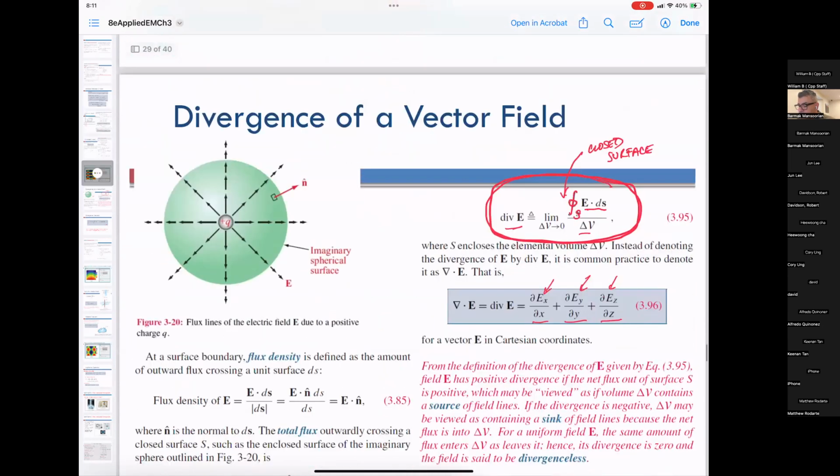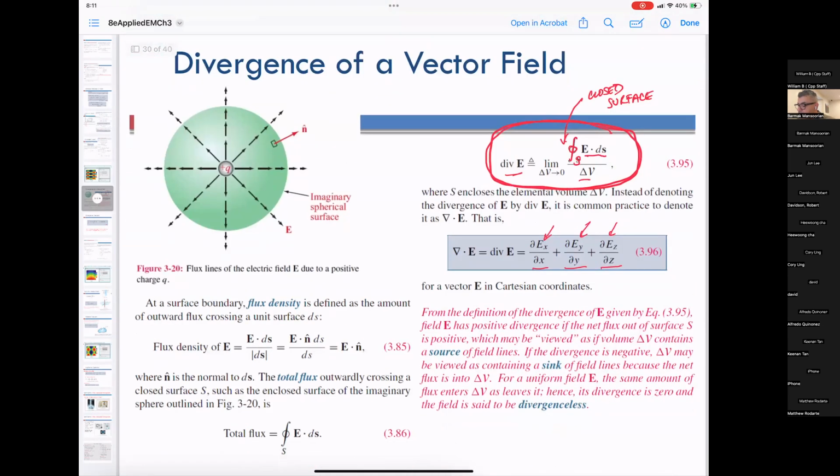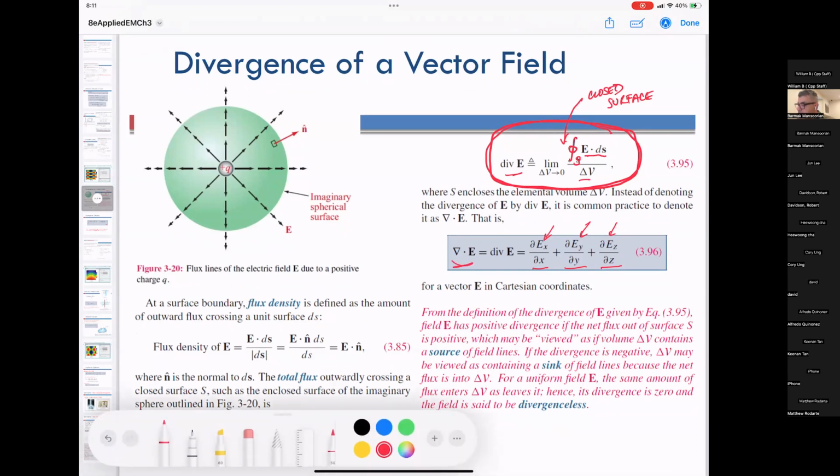This is the reverse. You do this operation on a vector field, and you end up with a scalar value, which is what's enclosed inside that volume.